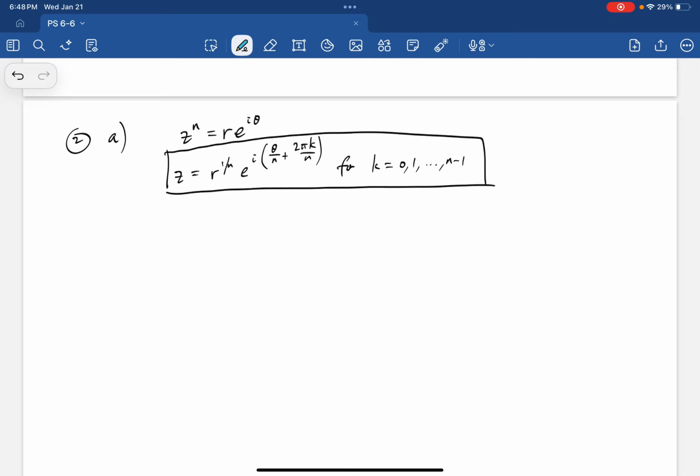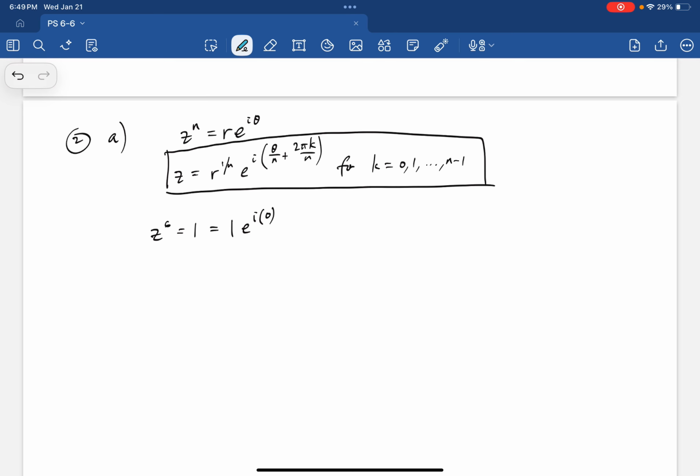Okay, and so we're just going to apply that to this question. Here we have z to the 6th equals 1. And so we're going to want to rewrite that in terms of exponential form. So 1 is just magnitude of 1, so r is 1, and the angle is 0, right? On the complex plane, the angle for 1 is 0, so we have e to the power of i times 0.